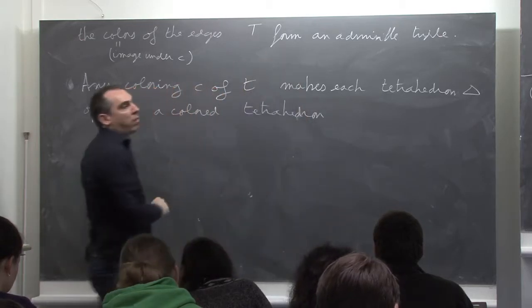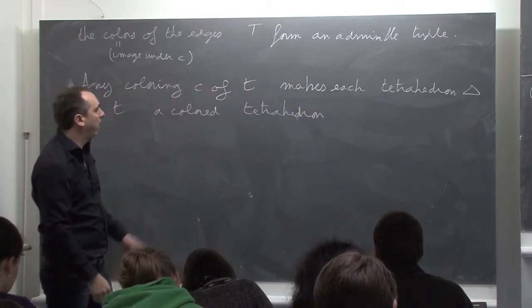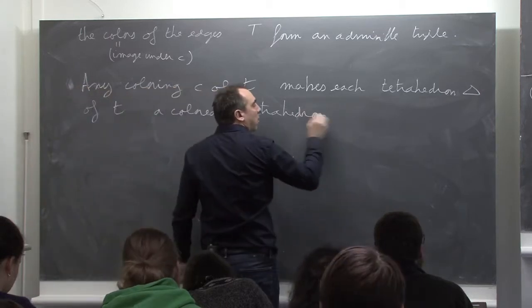So this condition implies that each tetrahedron is colored. I will denote it like this.